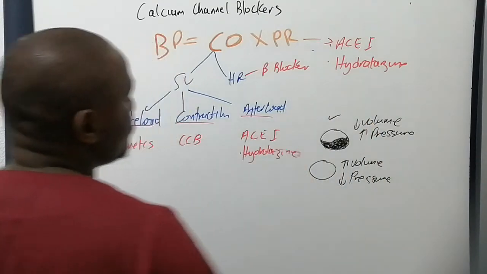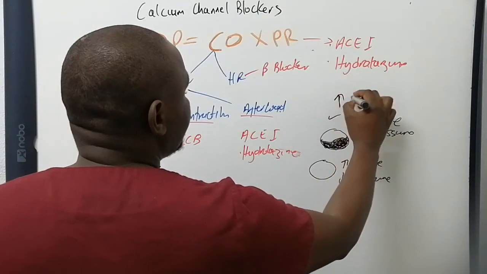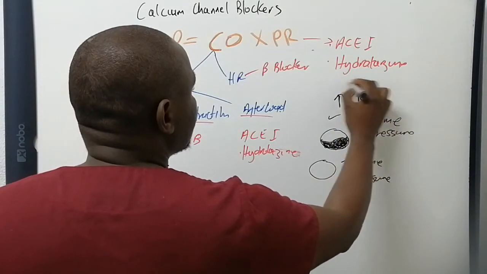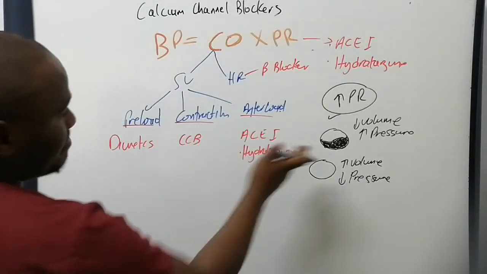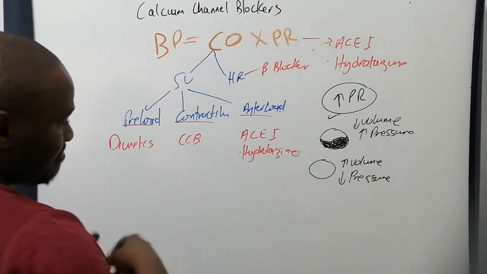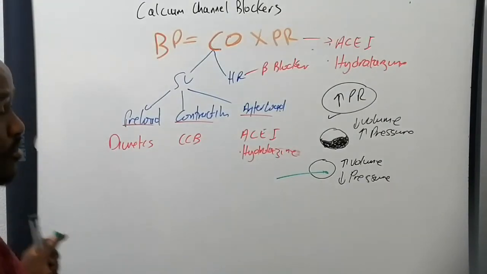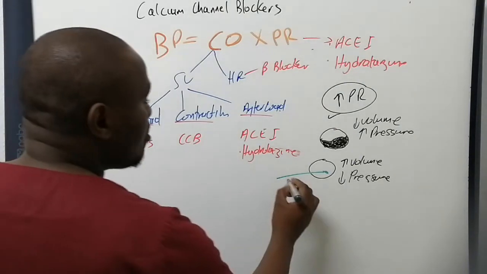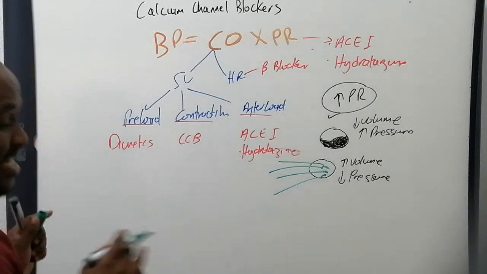So this increases peripheral resistance. It's going to be hard for the heart to pump against. It's easy for the heart to pump blood against an open lumen with no obstruction. The heart will manage.